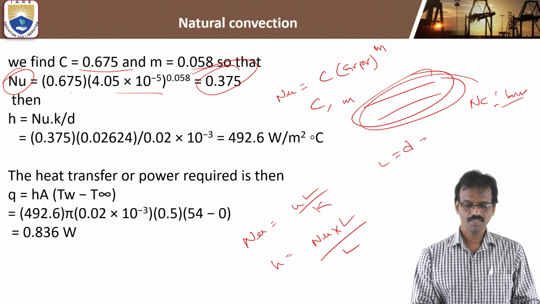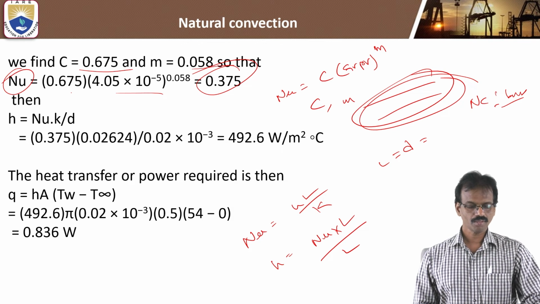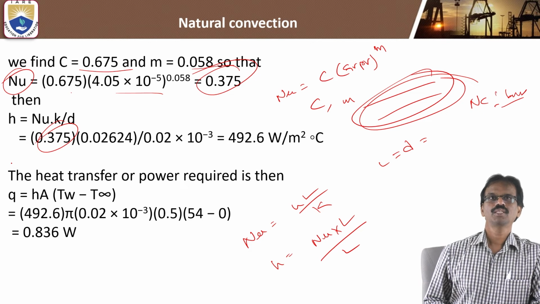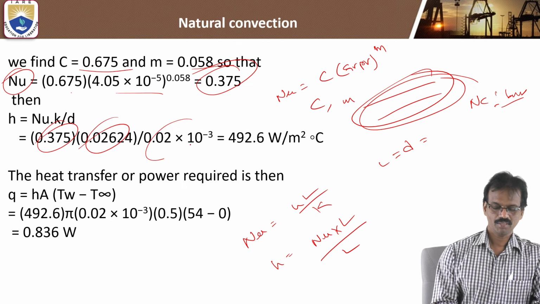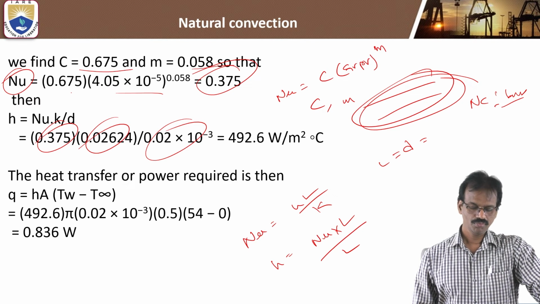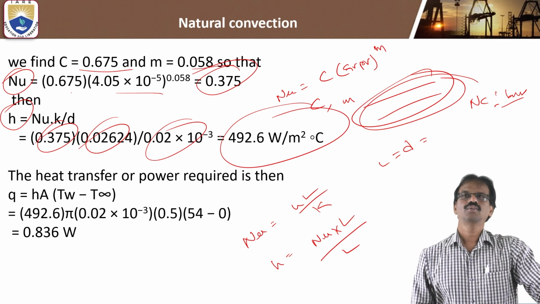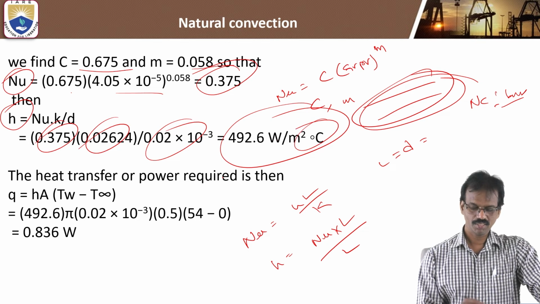So the Nusselt value is equal to 0.375, the thermal conductivity value is this one, and the diameter is 0.02 into 10 to the power of minus 3. If you substitute this, you will get the h value. h is equal to 492.6 watt per meter square degree Celsius.